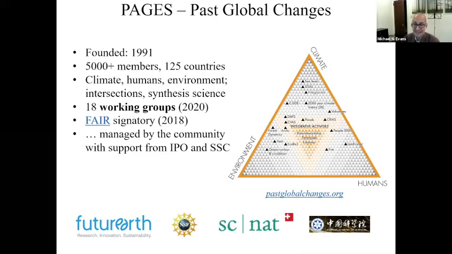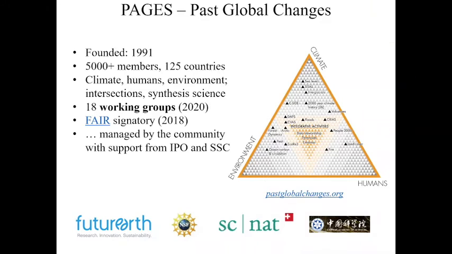All of this is really run by the paleoenvironmental science community with support from the International Project Office, which is based in Bern, and with support from the Scientific Steering Committee, whose pictures were on that front page, and which also includes ECN member, most recently Stella Alexandrov.